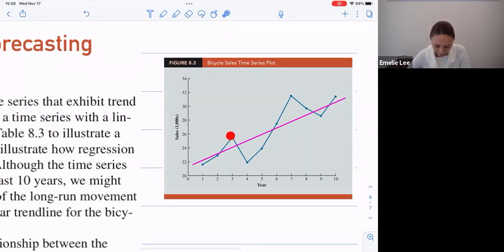It goes up for 3 years and then down for 1 year and then up for 4 years and then down for 2 years and then up for 1 year and then we're done. So there's no cyclical pattern here. And it can't be seasonal because it's over more than a year. So we've got this upward trend.